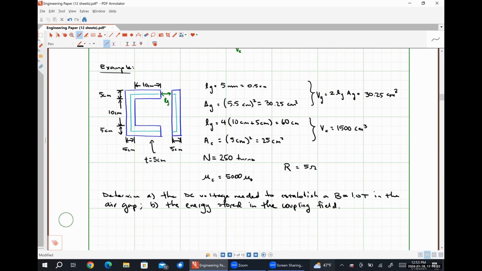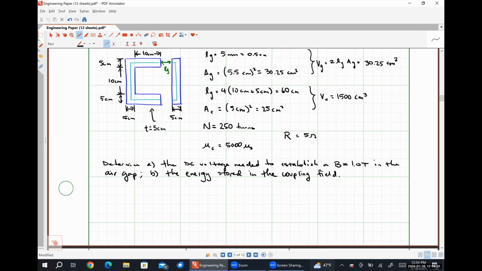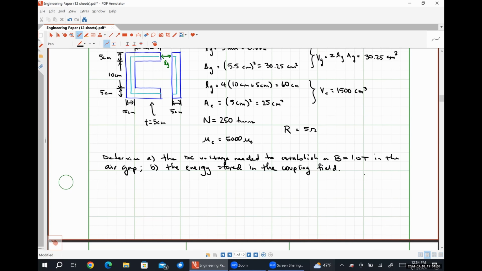So for part A, this is largely the same stuff that we did at the beginning of class, right? So effectively, let's talk our way through how we might calculate voltage in this system, okay? So our DC voltage in this system should be whatever DC current is flowing in our system times that 5 ohms of resistance.